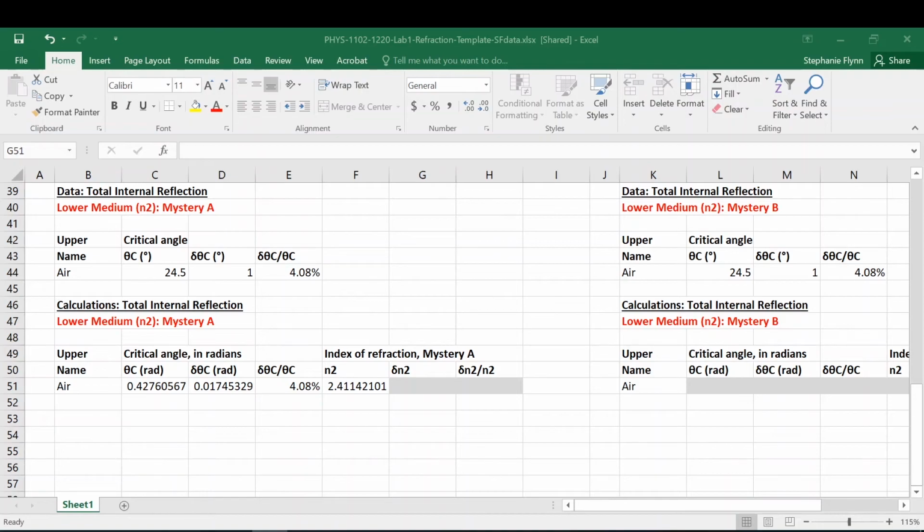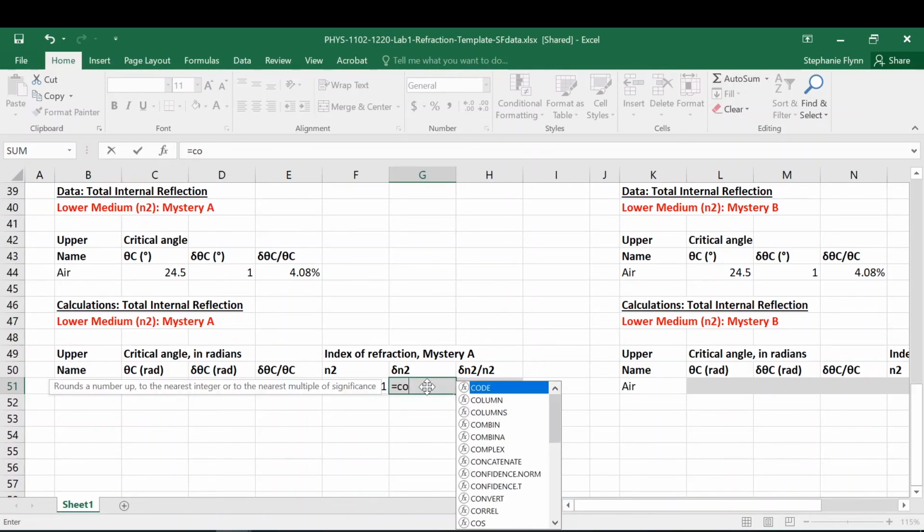All right, now that we have worked out our uncertainty propagation formula for N2 using total internal reflection, we can type this into Excel to calculate our numerical value. So we had an absolute value and a negative sign, and again, to make my life easier, I'm just going to take the absolute value before I plug it in, meaning I'm just going to drop that negative sign.